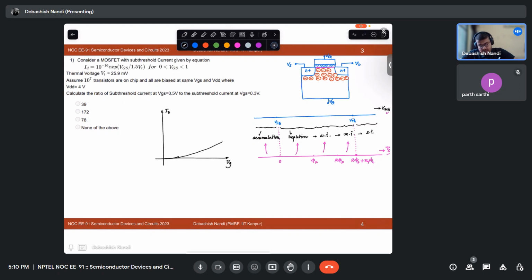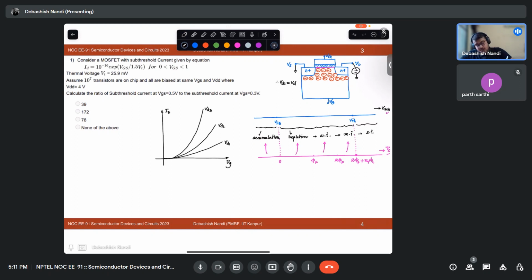If you keep increasing your VD, it will just go like this. This is for VD1, this is VD2, this is VD3, and I am assuming my source is 0, so my VDS is equal to VD, whatever potential I am applying here. So this is how your ID-VG looks. This much you know, right?